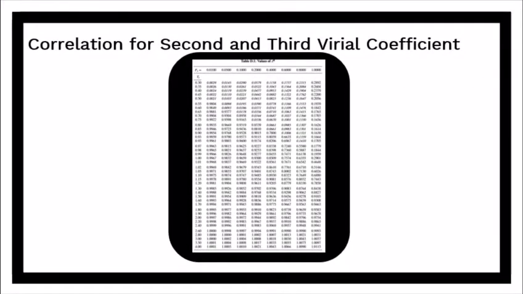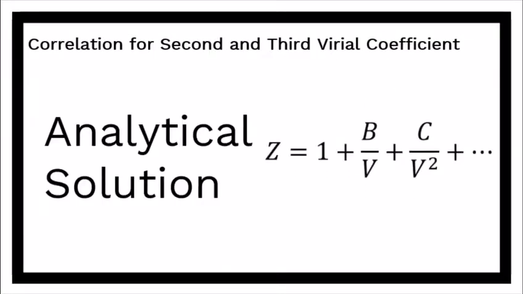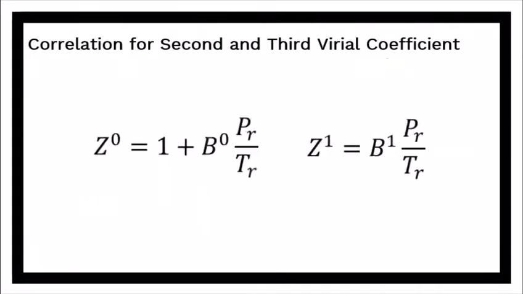We can use the Lee-Kesler table to find the values of Z0 and Z1, but it might be difficult to find values in between, as we need to interpolate. So we can use the analytical solution as stated above. For B, which is the second virial coefficient proposed by the Pitzer correlation, we can find the values of Z0 and Z1.